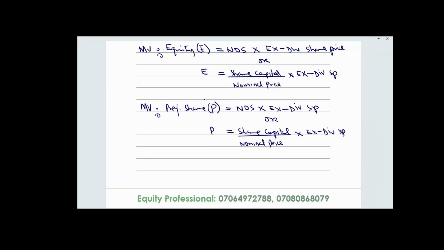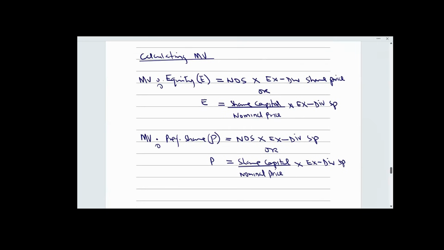You can see it's the same formula as market value of equity. The difference is just that instead of ordinary share capital, you are going to use preference share capital. Instead of ordinary dividend, you are going to use preference dividend.